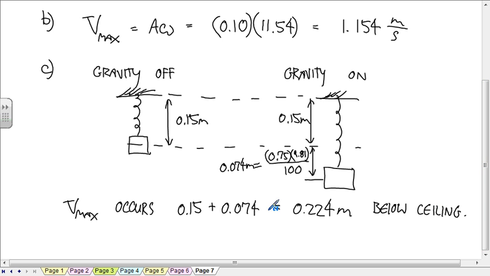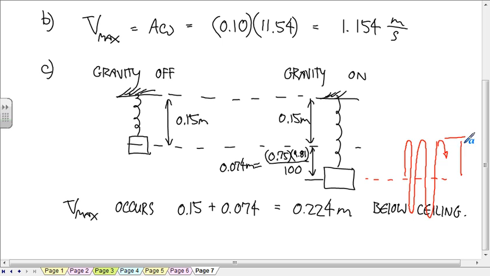Any questions about this? So the 0.074, that's the mass of the. This is mg over k. Yeah. So the 0.75 is the mass, yeah. And now the oscillation is going to go, from this position, up 0.1, down 0.1, like this, right?